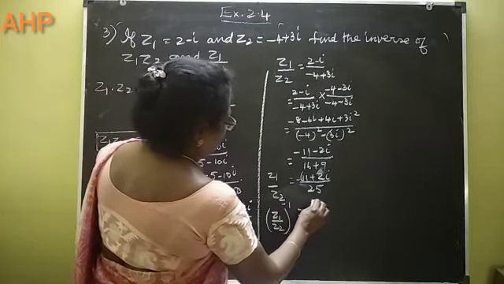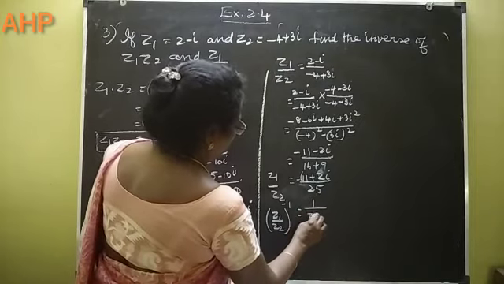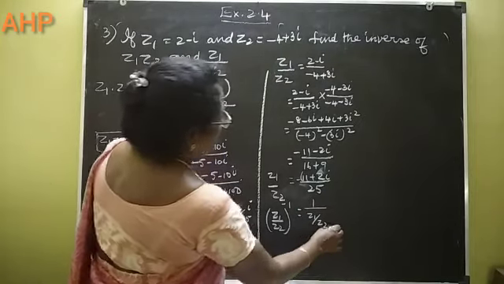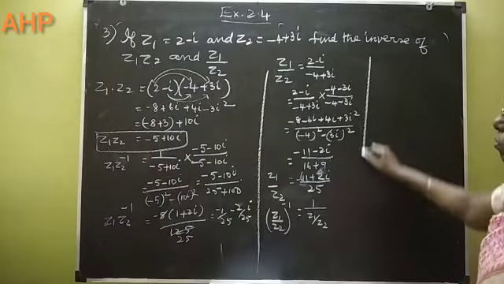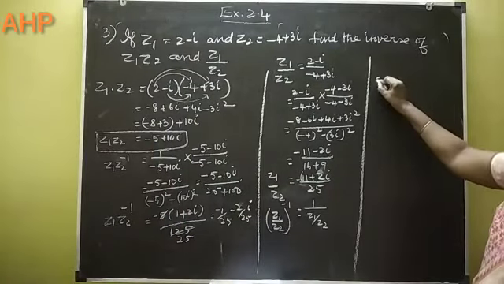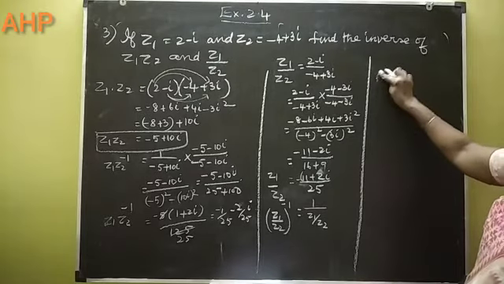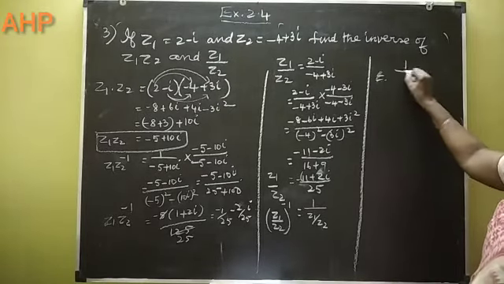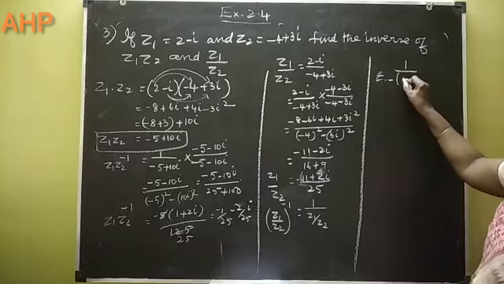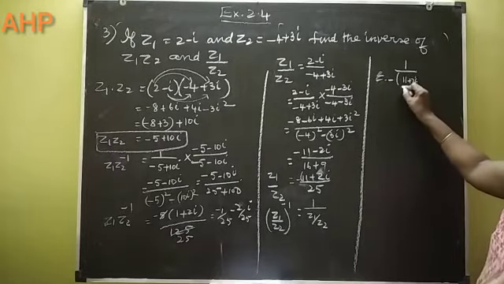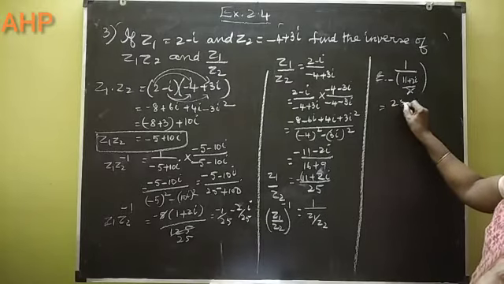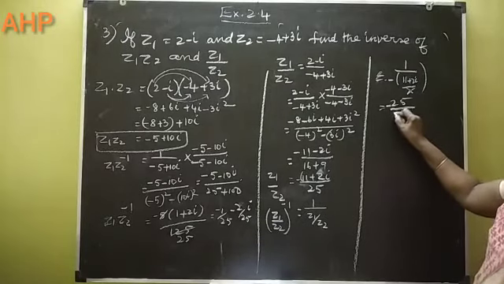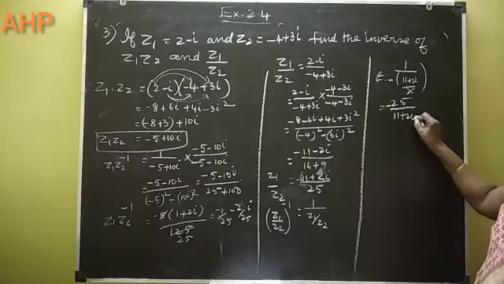So this is equal to 1 divided by z1 by z2. Substituting, 1 divided by minus (11 plus 2i) by 25. This is equal to minus 25 divided by 11 plus 2i.